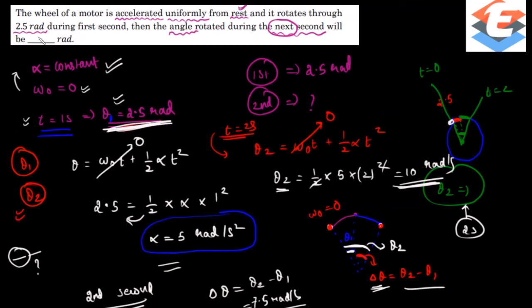So the correct answer here, very sorry, is not radian per second because it is an angle. Angle means just radian only. Let me erase this also. So theta 2 is 10 and theta 1 is 2.5, so 10 minus 2.5 is going to be 7.5 radian.